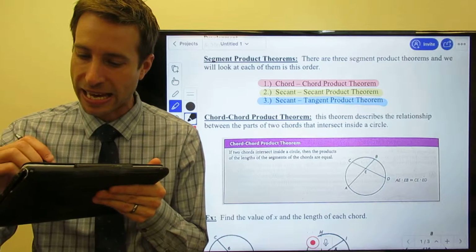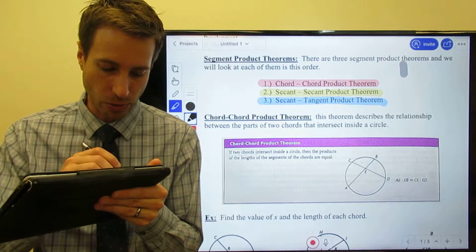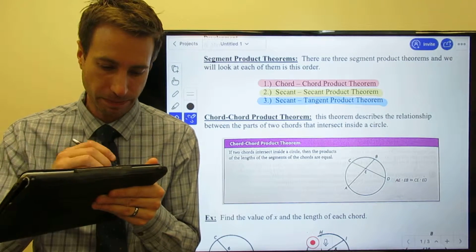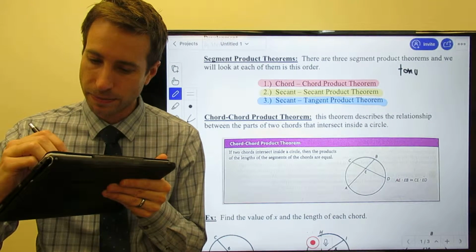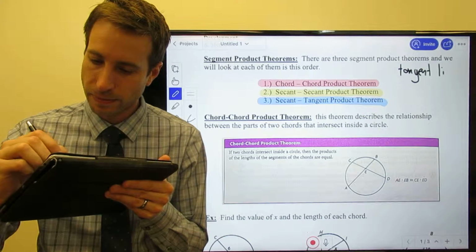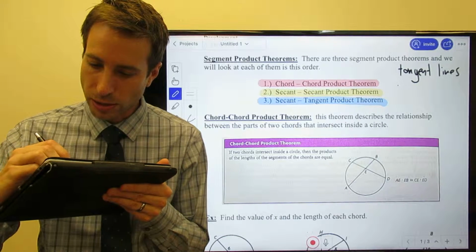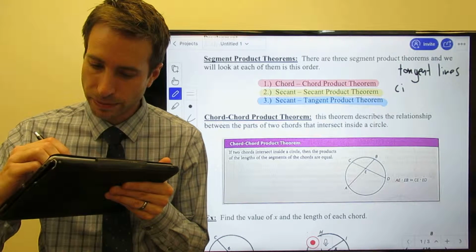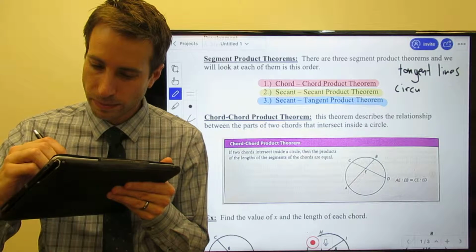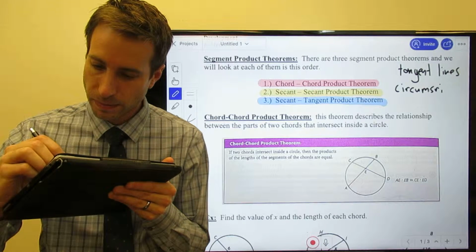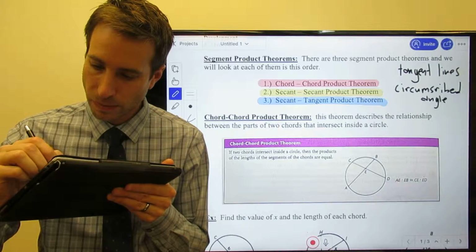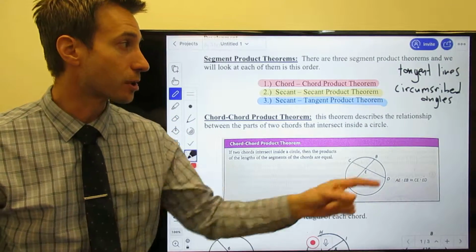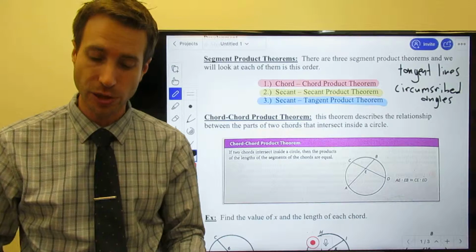In addition to that, not only did we talk about tangent lines, we also talked about circumscribed angles. So we talked about tangent lines and circumscribed angles in the previous section.